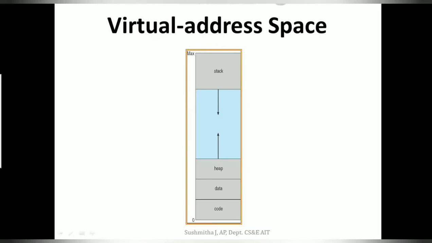Now every process has an address structure, or a memory structure. Here also the virtual address space is used as a stack or heap that can grow inside. I think when we started with the introduction of process, you have seen this structure. The same is replicated here.